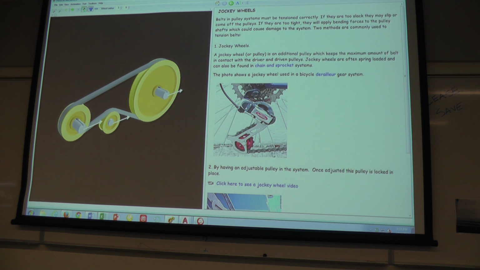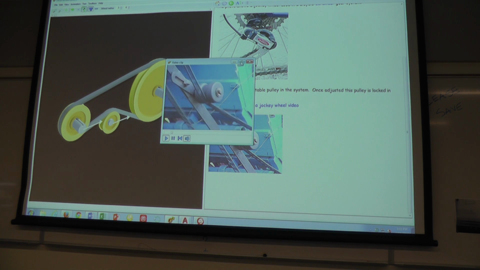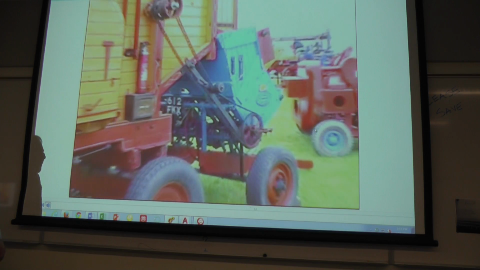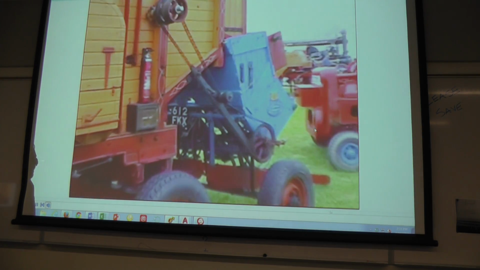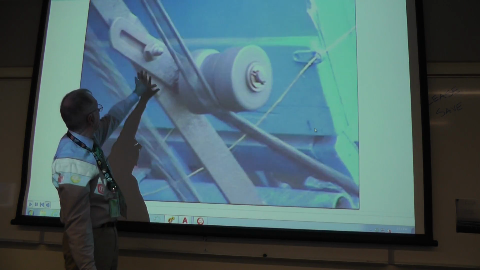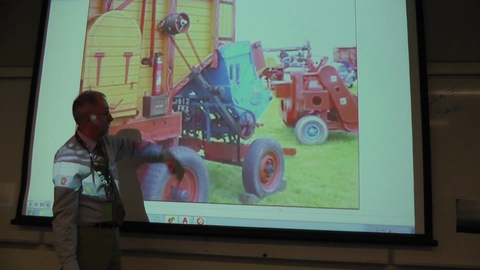And similar to the V-belt, where we had a tensioner in here, they're calling it a jockey wheel. Lots of times it's called an idler wheel. So here's another one of those nice pieces of farm equipment. This looks more like a flat belt, but it might be a roller chain. And here there's a mechanical mechanism, there's a bar, and then there's another bar that can be loosened and tightened, and that can be adjusted to put tension on that.